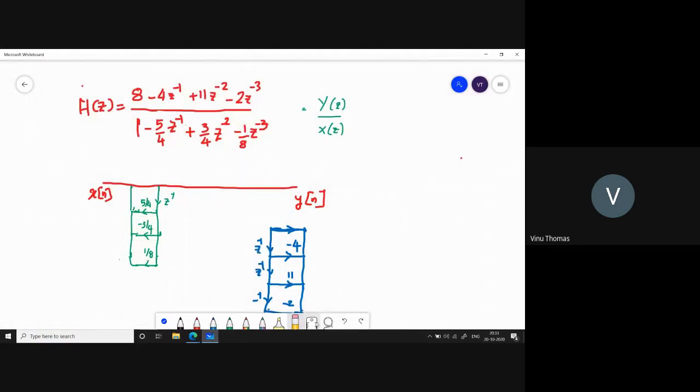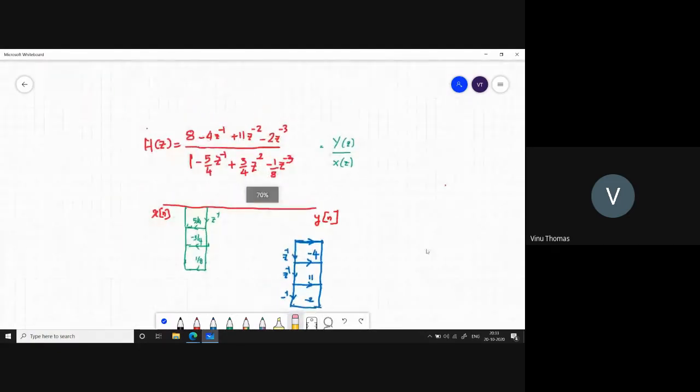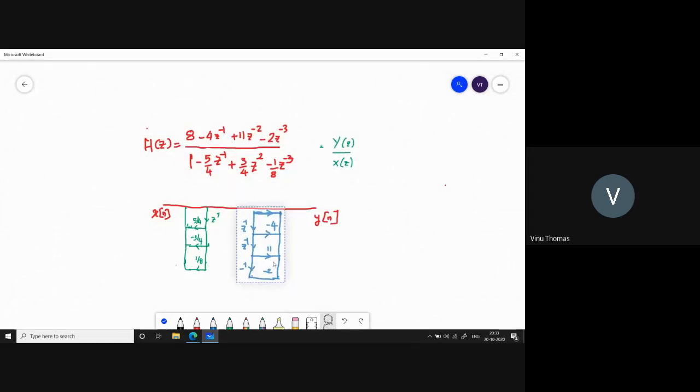And this value is equal to 8. And finally, you have to bring it so close to each other so that you can combine these two.